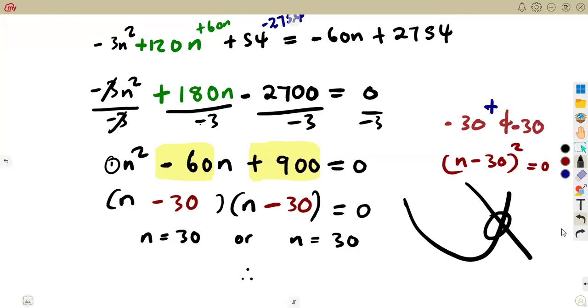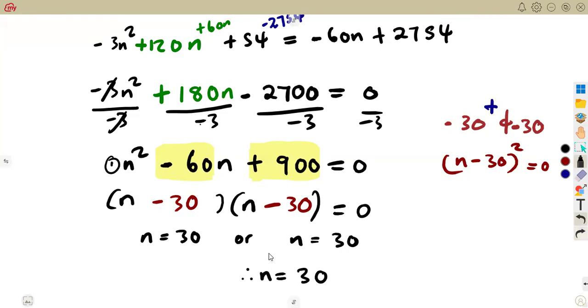They can intersect at 1 point. So this is the condition of our question. It is having the point of intersection at a single point, or they are the same, where n is equal to 30. We do not have any other condition where these two will be the same. So therefore, our n was going to be 30.